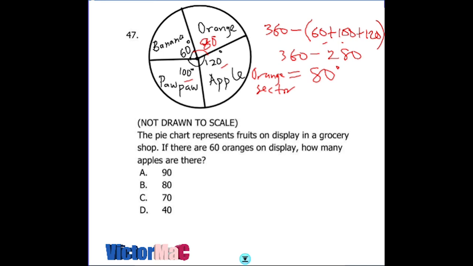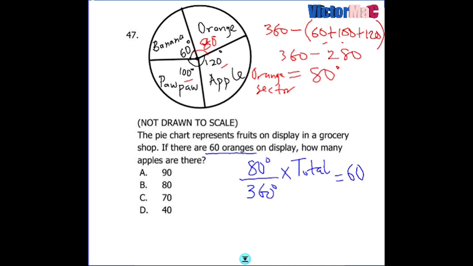All right. Having established that, we're given the number of oranges, which means that orange is taking an 80 degree angular sector out of the whole 360 of the total number of fruits on display in the grocery store. So the number of oranges, 60, is equivalent to the 80 degree angular sector out of 360 of the total number of fruits on display.